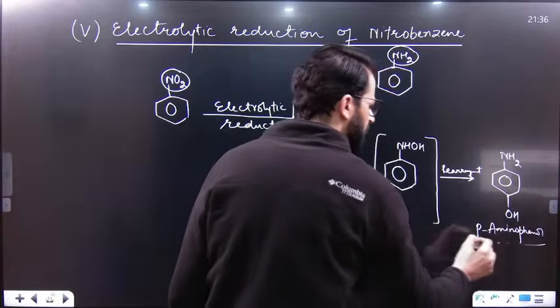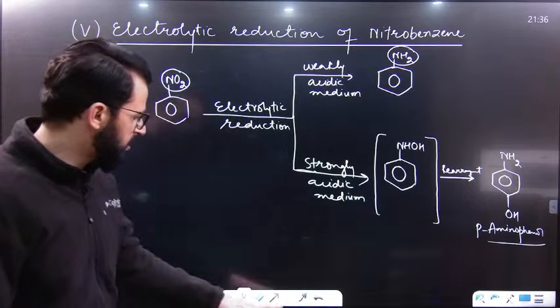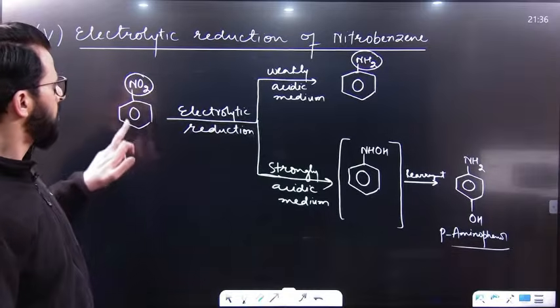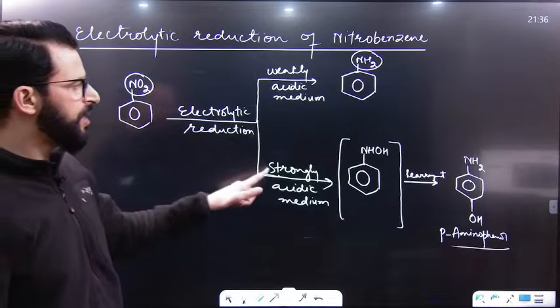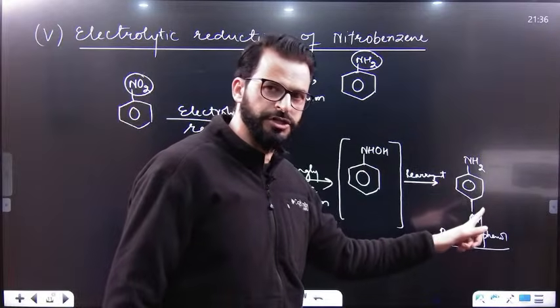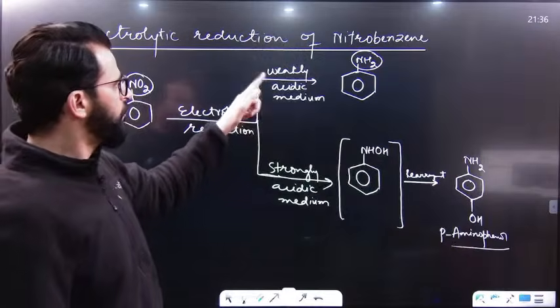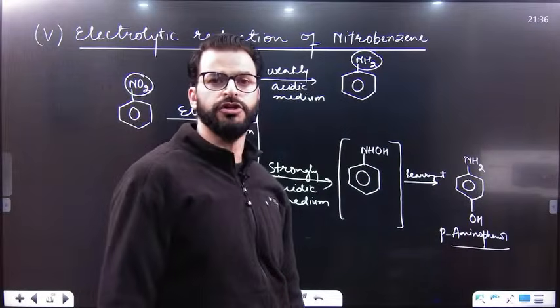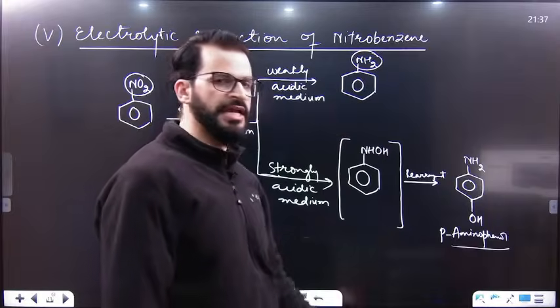In a nutshell, nitrobenzene during electrolytic reduction in strongly acidic medium results in the formation of 4-aminophenol, and in weakly acidic medium results in the formation of aromatic primary amine known as aniline.